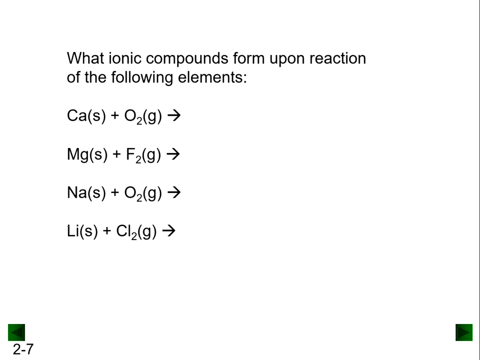So one calcium and one oxygen, the charges would counterbalance one another. You're not going to write Ca2O2. You're going to write CaO. We want the smallest whole number ratios. Now, knowing that, go through and solve all 4 of these problems. Pause your video.